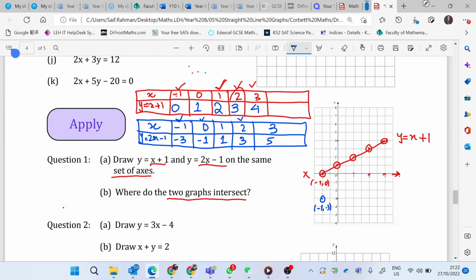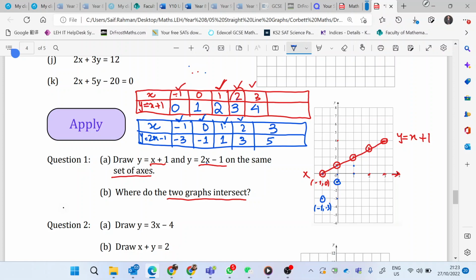So my second value is 0 and minus 1. On the x-axis it's 0, on the y-axis it's minus 1. So y-axis minus 1 is this one and x-axis 0 is the same. And my third point is 1 and 1. 1 on the x-axis is this one and 1 on the y-axis is this one.